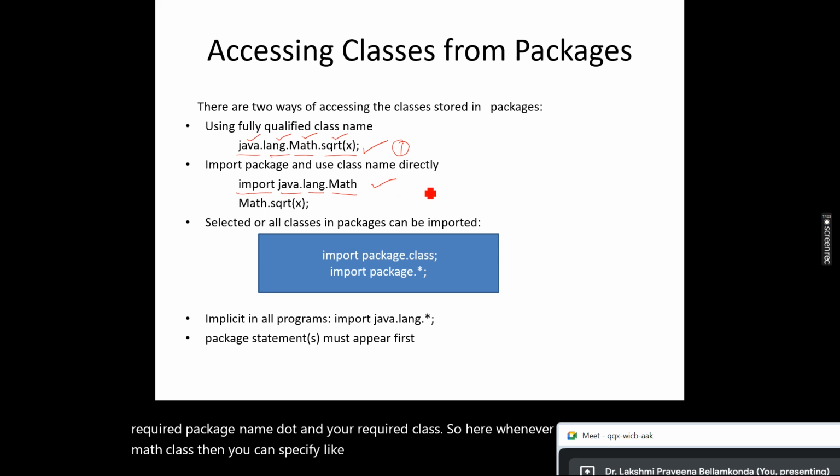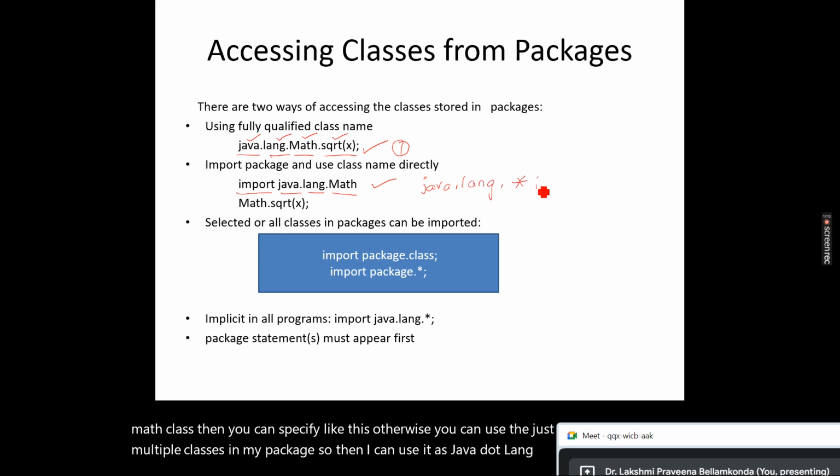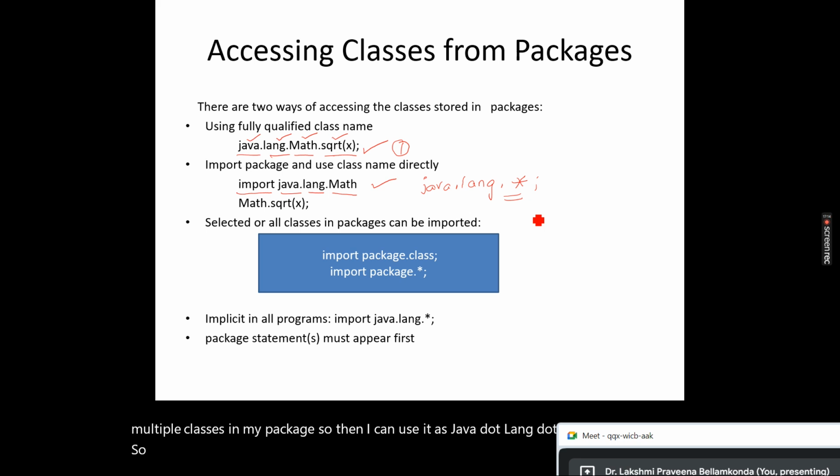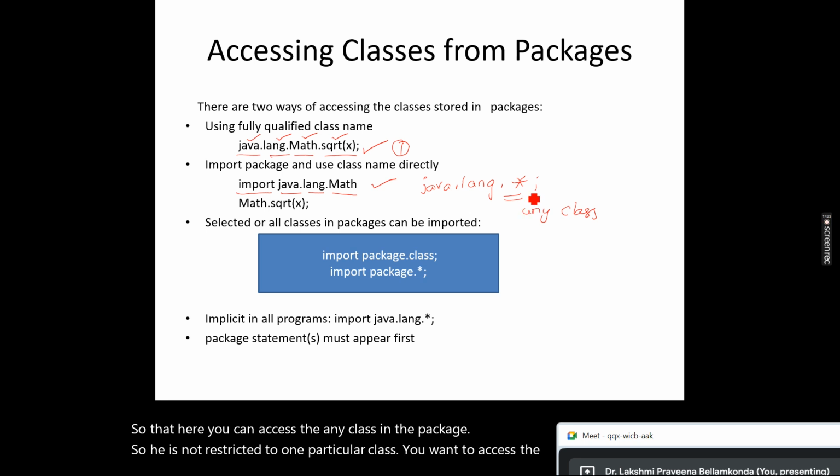Otherwise, if I want to use multiple classes in my package, I can write java.lang.*, so that you can access any class in the package. It is not restricted to one particular class. Like this also we can mention.